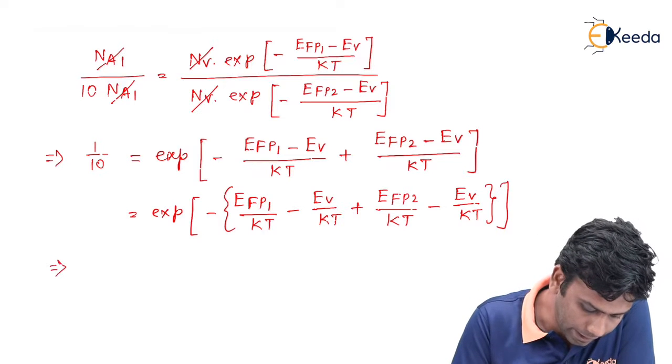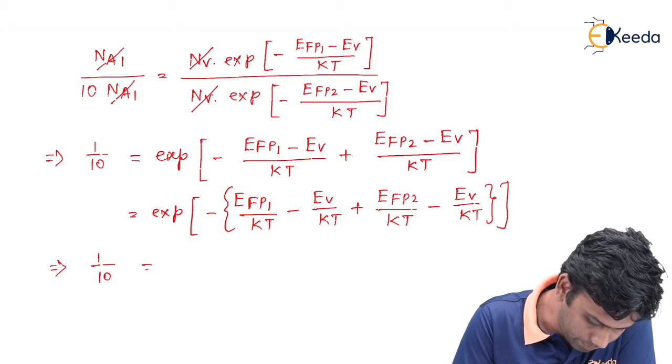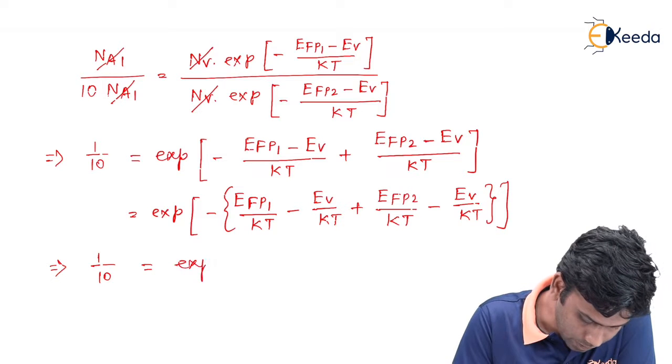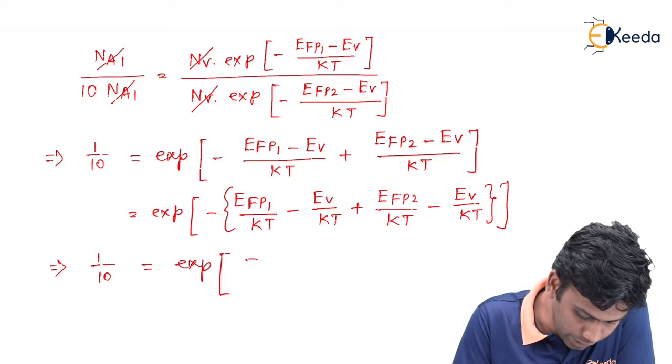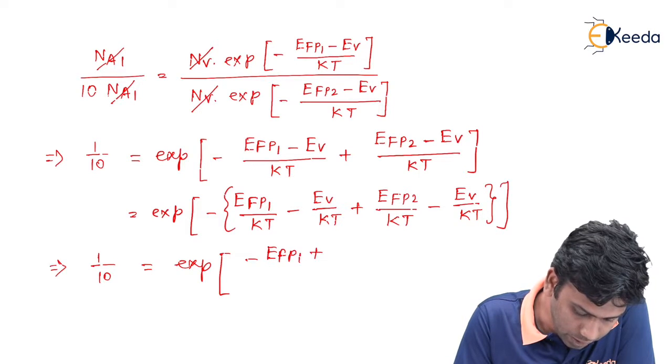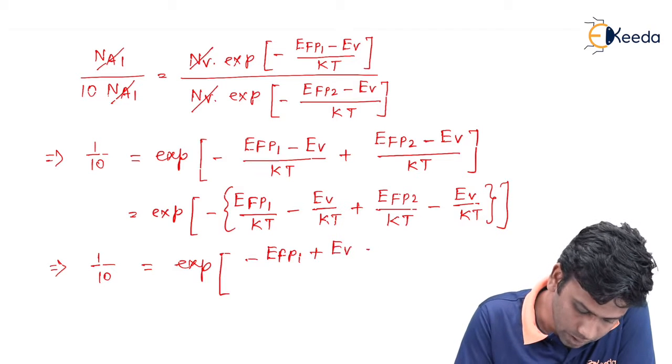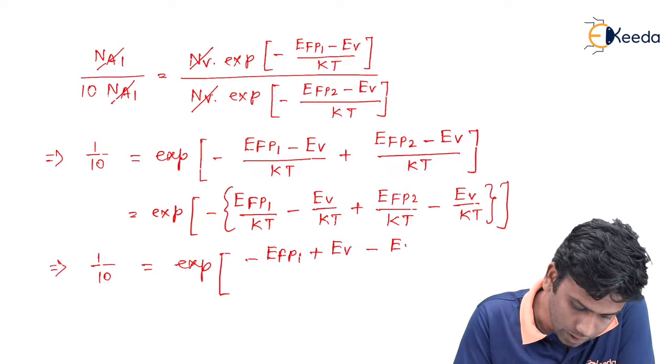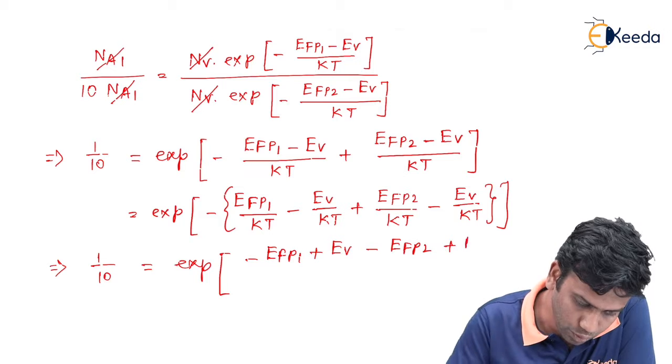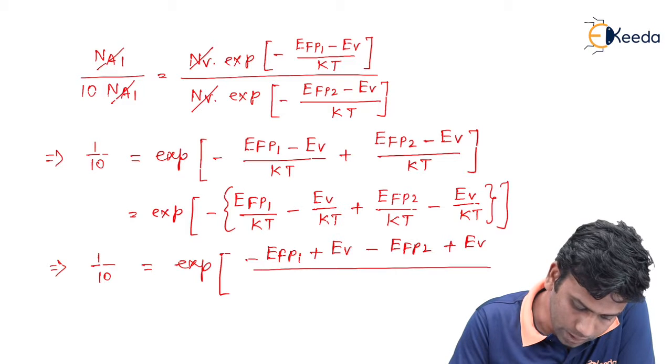Hence, we can write 1 by 10 is equal to exponential minus EFP1 plus Ev minus EFP2 plus Ev divided by kT.